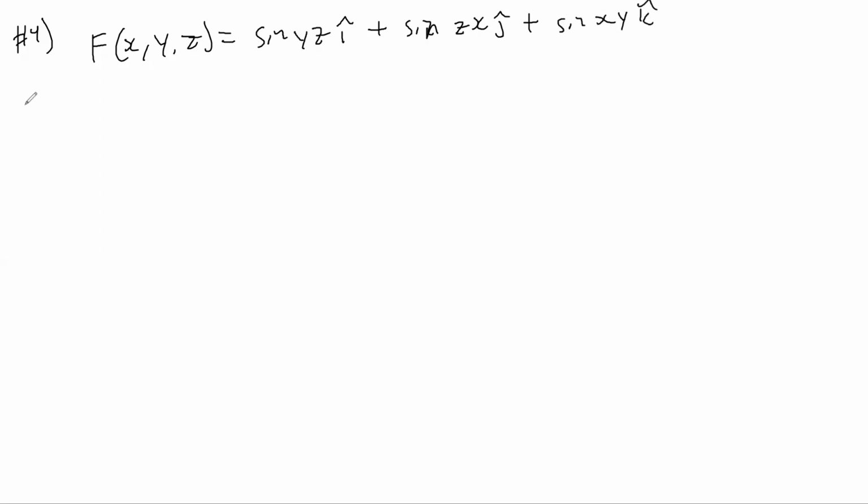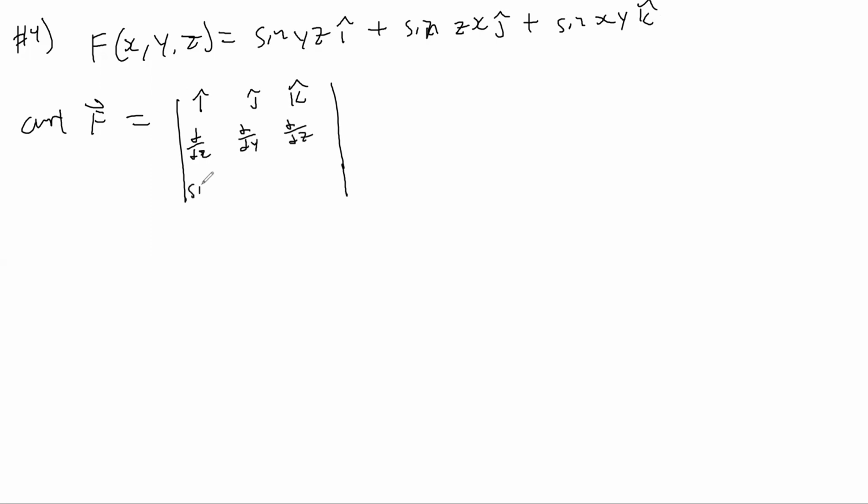For the curl of F, that's just the cross product. So i, j, k, partial derivative with respect to x, y, and z, with sine yz, sine zx, and finally sine xy.